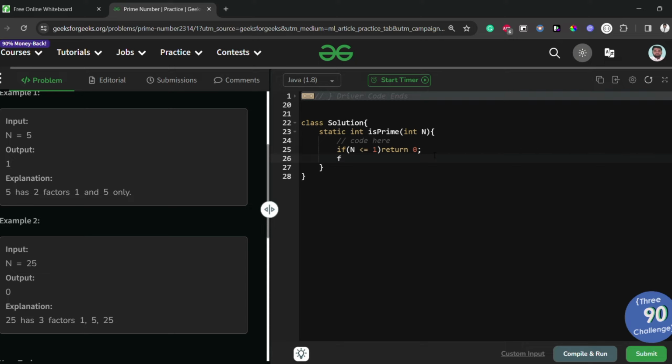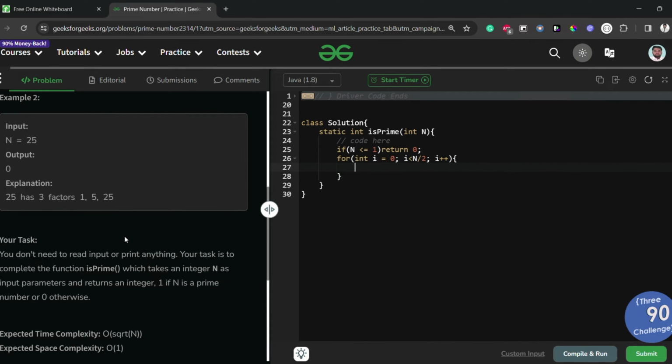After that I am just going to create a for loop. Int i is equal to 0, i less than n by 2. N by 2 is nothing but we are going to check up to half of the number. Let's see whether this is okay or not.